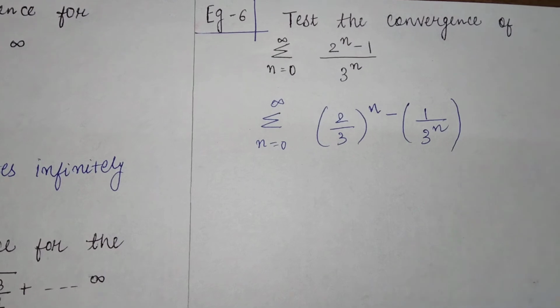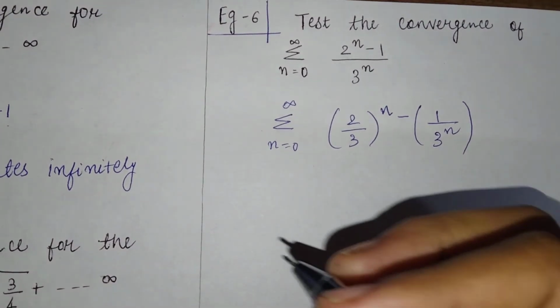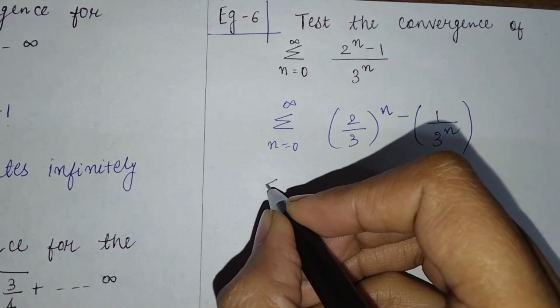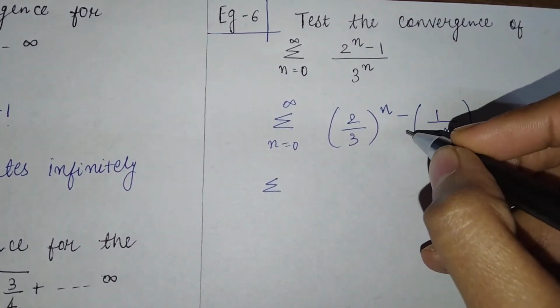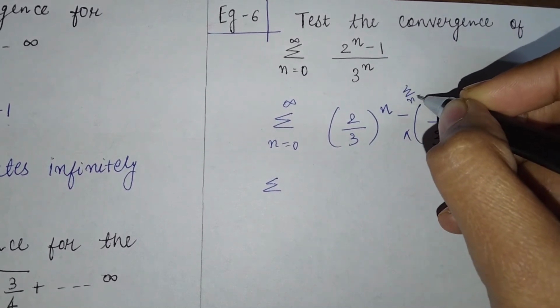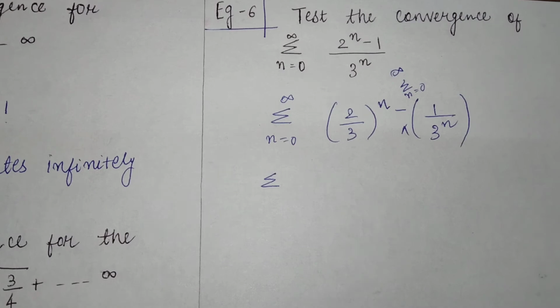Okay, we can write like this. And now we can rewrite this term, here also you have to write summation n equal to 0 to infinity. This is our first term and this is our second term.